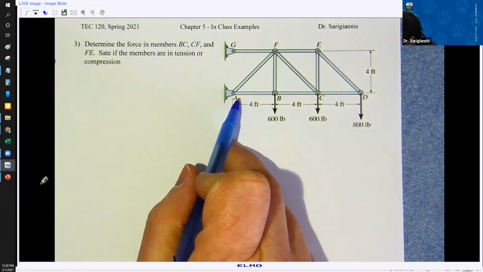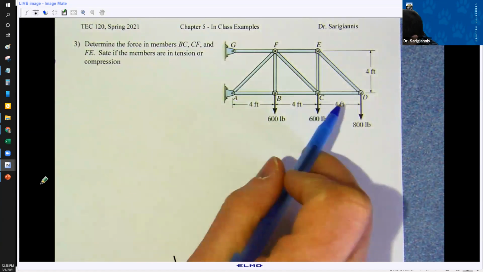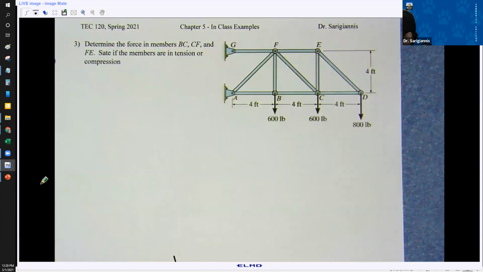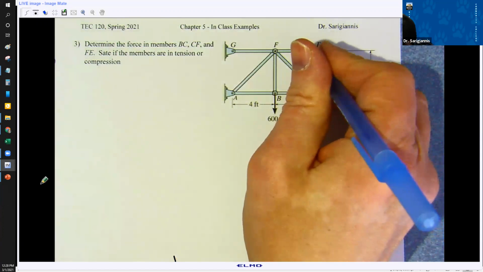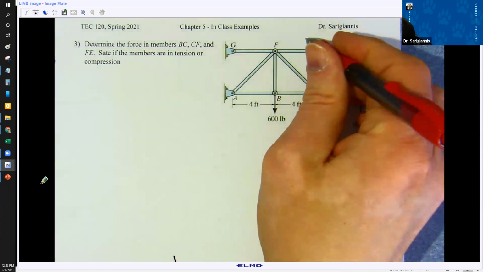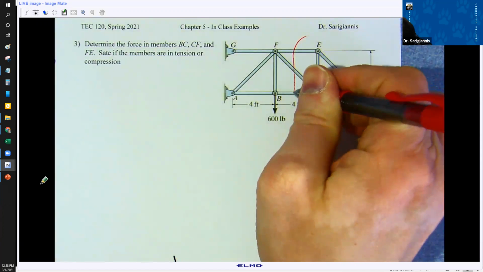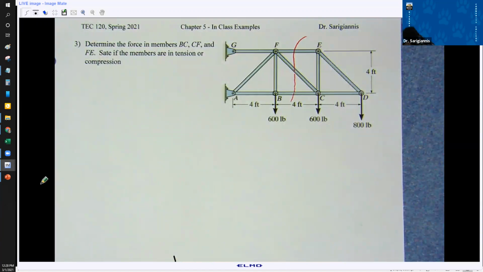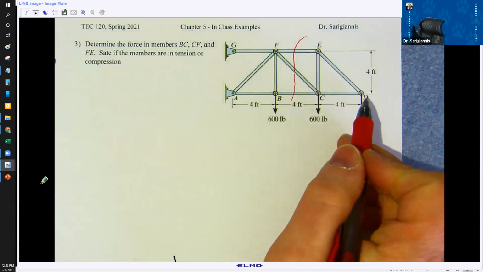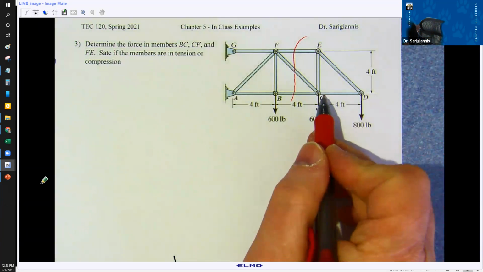The first thing I want to do here is I want to look at this thing. I want to say, okay, we're going to cut this. I could draw the full free body diagram, but I'm going to look at this first and see, does it make sense? If I want the forces in these 3 members, I've already got a force here and a force here.